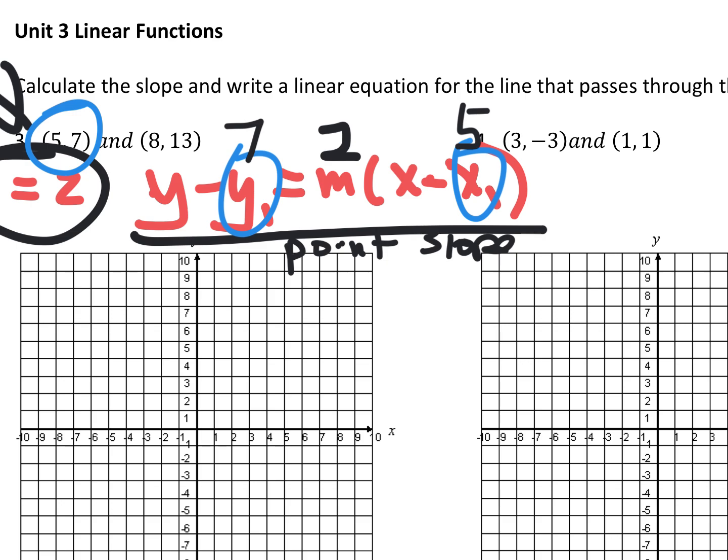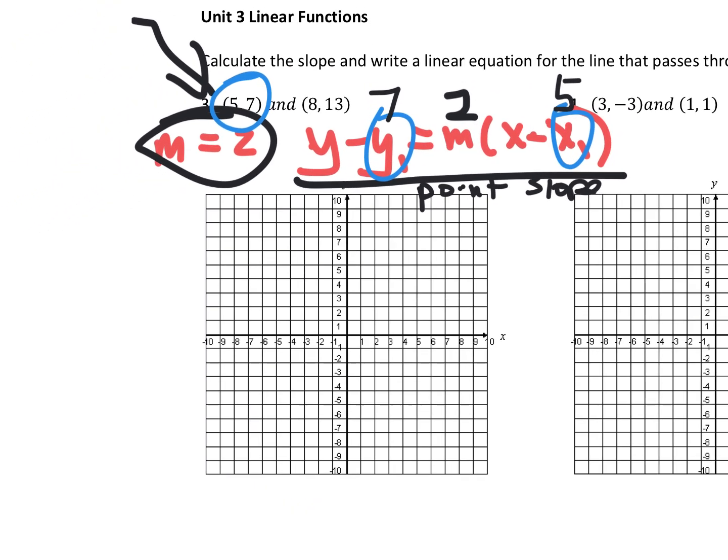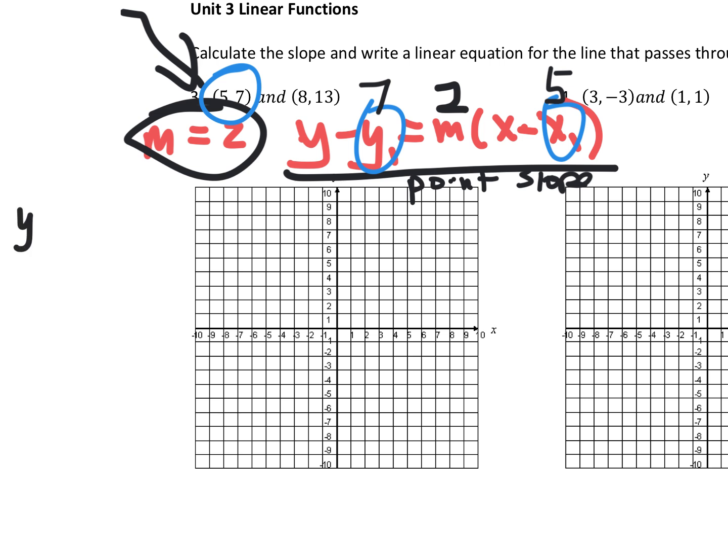y minus 7 equals 2, that was right here, times x minus 5.